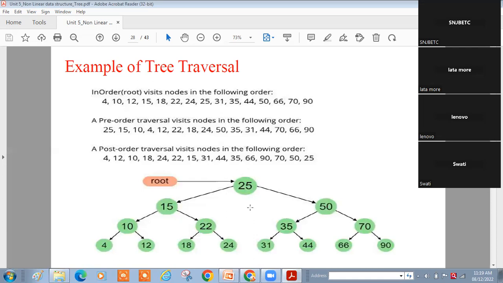After writing the root, I have to move to left. On the left again you have a root, so write down the root first. So I have written 15 first. Again move to left: after the root, I move to left. When I move to left, here is your 10.